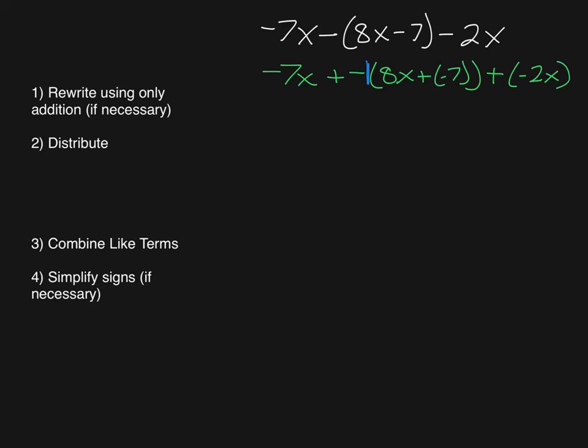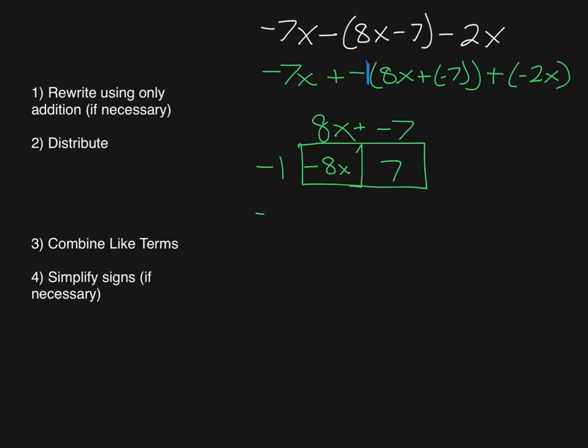So when we distribute, we have negative 1 as our width, and as our length we have 8x, and we have negative 7, right? Because it's plus negative 7. Now when we multiply, we get negative 8x, and we get positive 7.